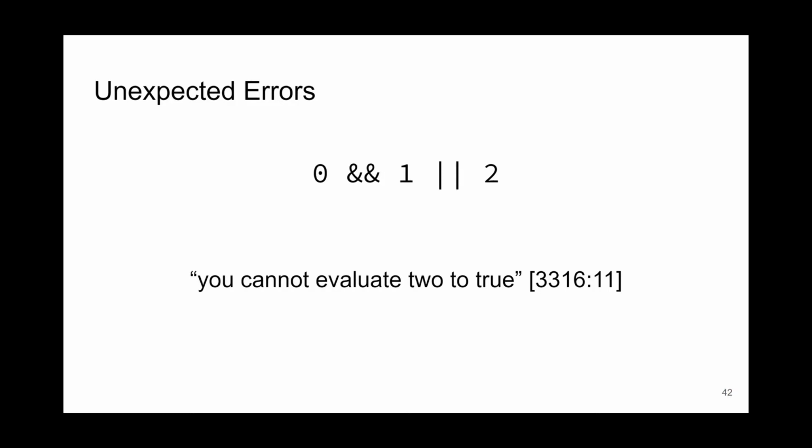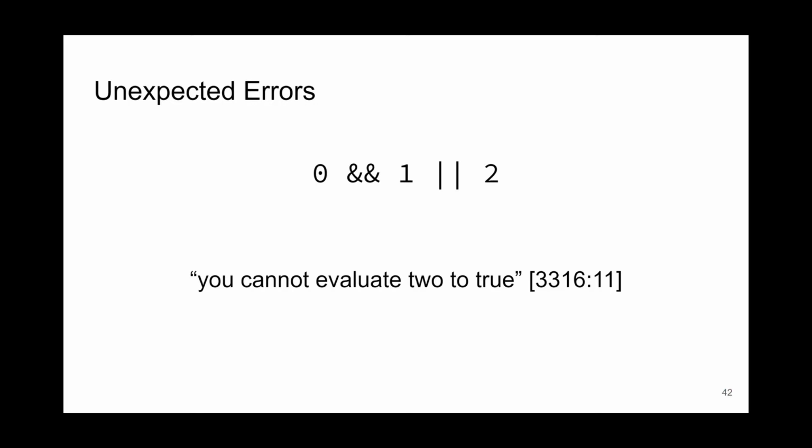So this subject, quoted on the screen, believes that 2 must be false because you could not evaluate 2 as true. And so in this case, even if the subject understood that ANDs are evaluated before ORs, their believing that 2 is false would always lead to the wrong outcome, even if they do understand the phenomenon that we were trying to study.